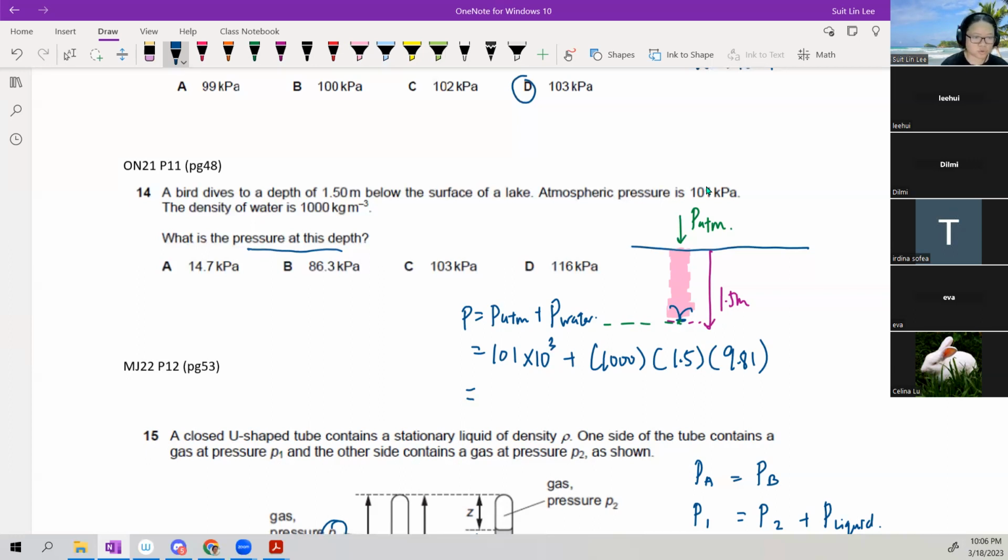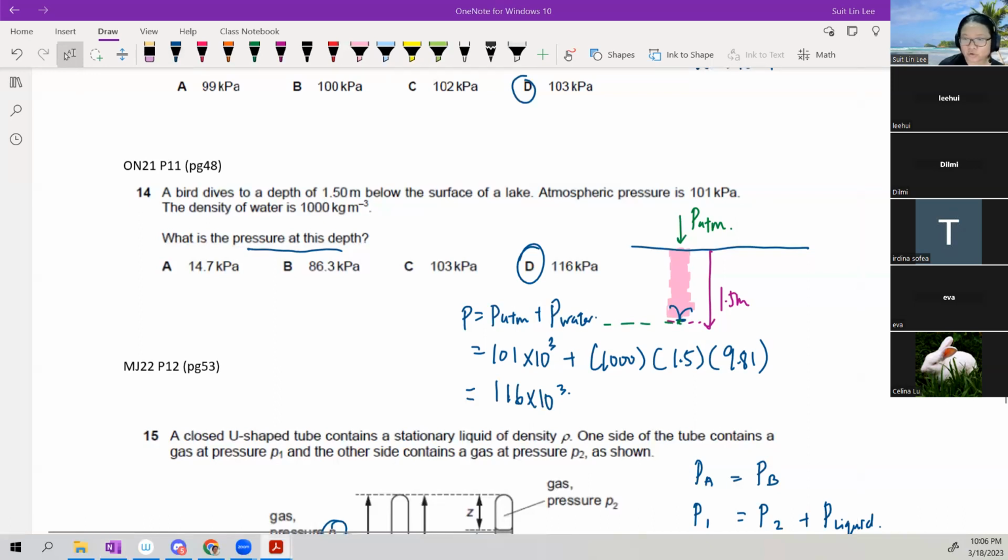This one is 1.16 or 116 times 10 to the power of 3. You increase maybe about 10%, slightly more than 10%. Only when you go deeper and deeper, then you will get some form of altitude or pressure sickness.